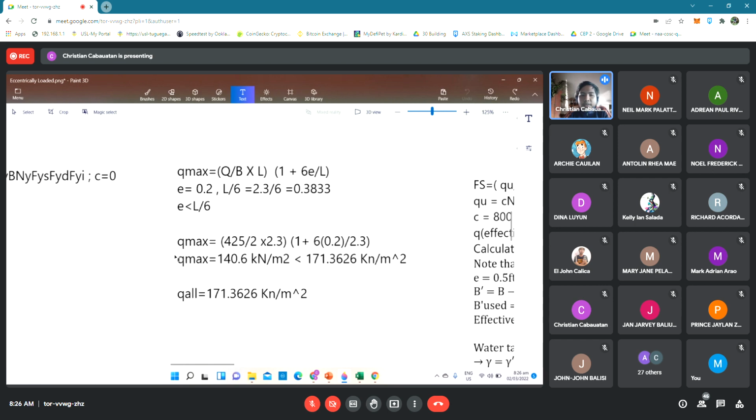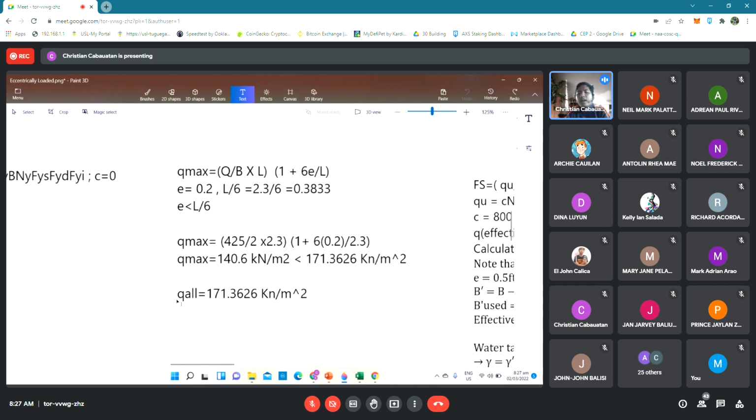By solving Q max, we can get 140.17 kilonewton per square meter, wherein it is less than the 171 or the Q allowable. Therefore, we will consider the safety of our foundation, no? So we will be using the Q allowable, which is equal to 171.